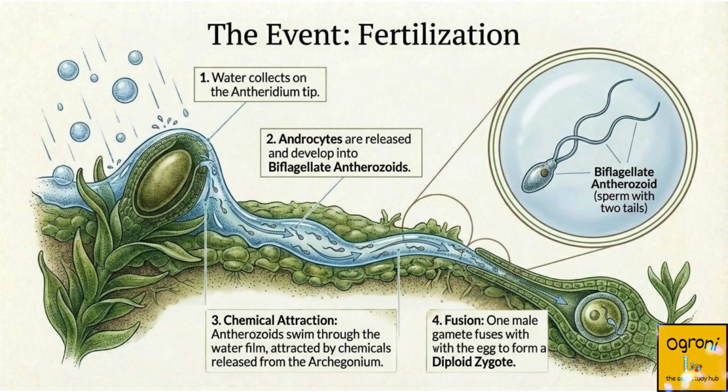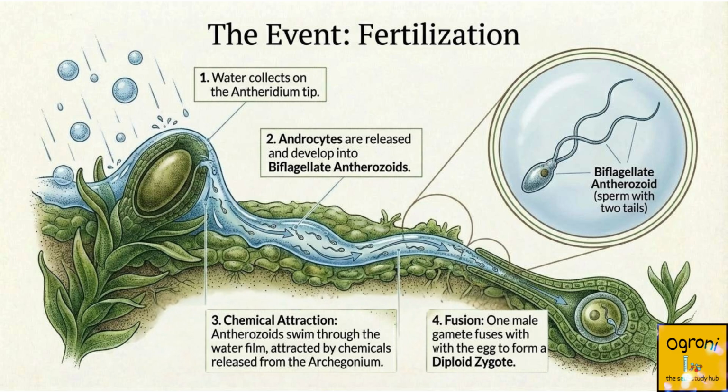Inside the antheridium, there are androcytes, which are released during the rainy season. When there is enough water, these androcytes develop into biflagellate male sex cells called antherozoids.